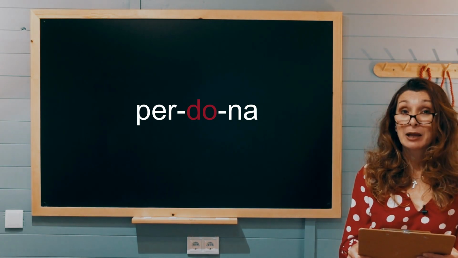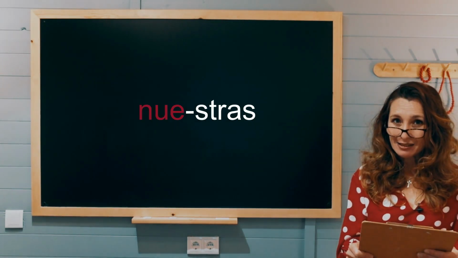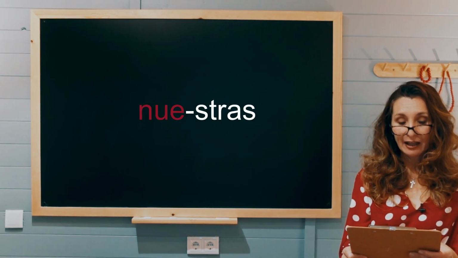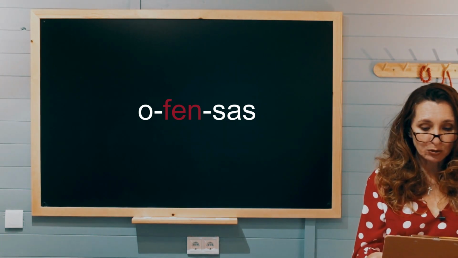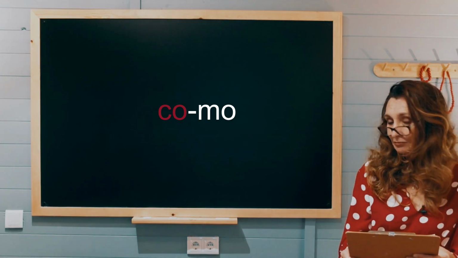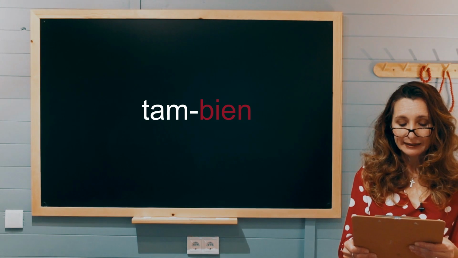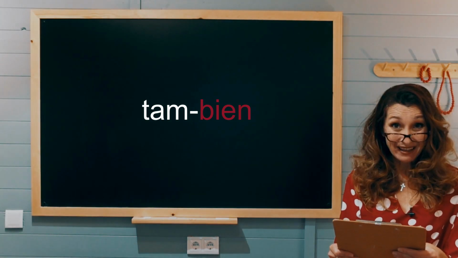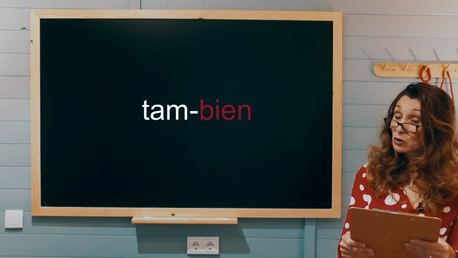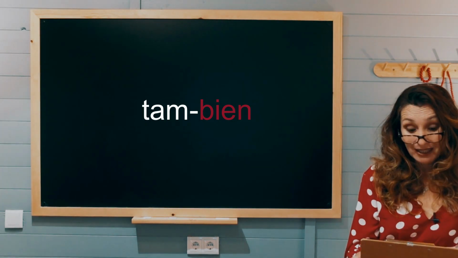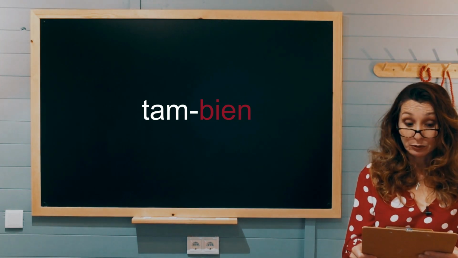Perdona, all fine here. Nuestras, all fine here. Ofensas, same thing. We're not breaking any rules. Como, fine. And now we have también, okay? The word ends with an N. So we would expect tam to be accentuated, to be the stronger syllable.